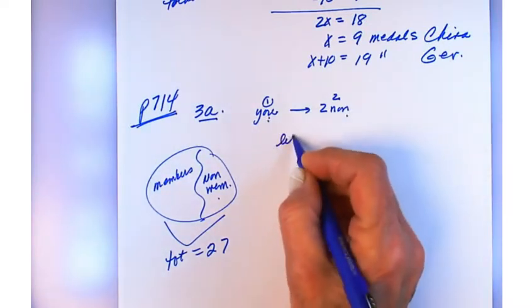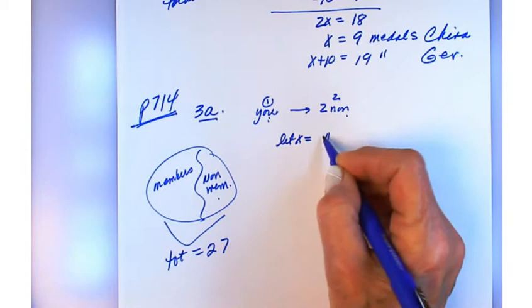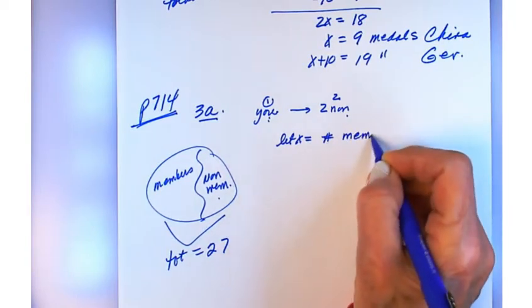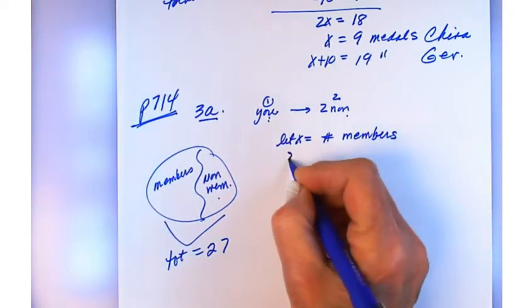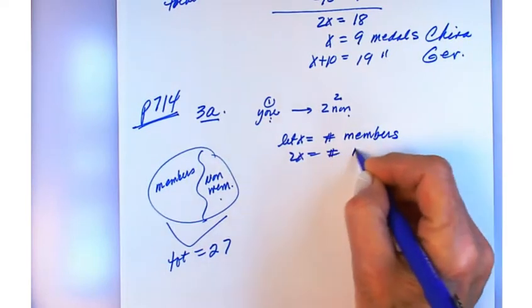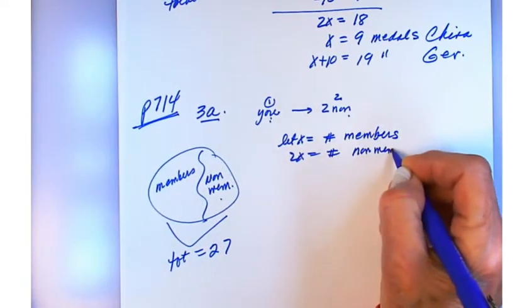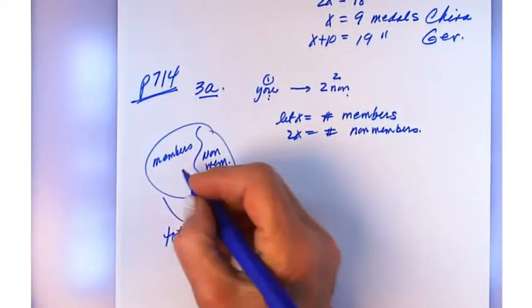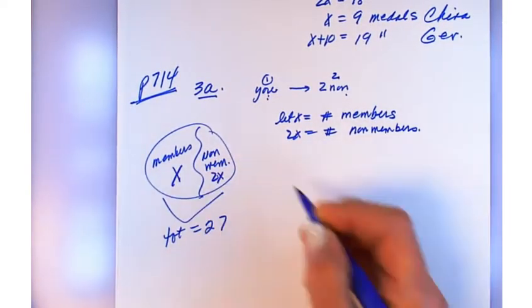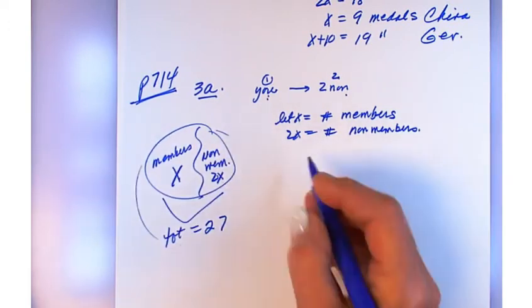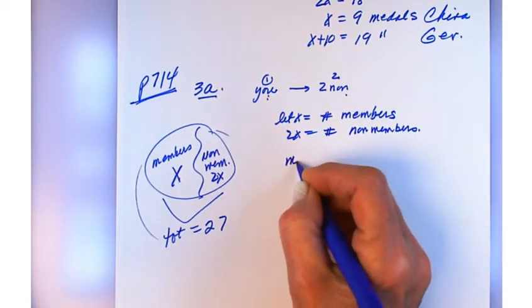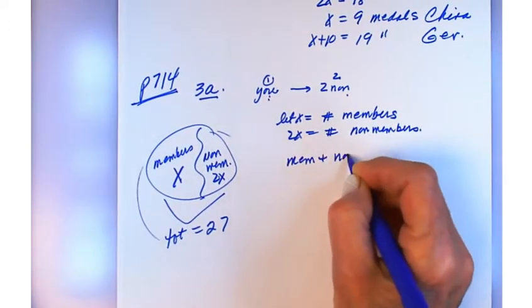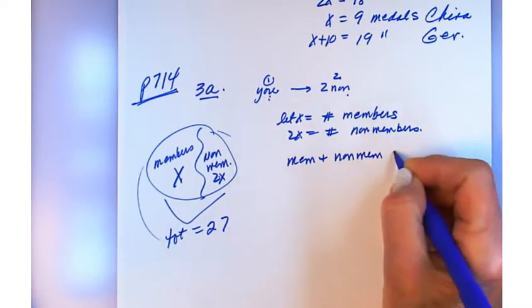So I'm going to let x equal the number of members and 2x be the number of non-members. And so what I know, x and 2x, I know the total is 27. So members plus non-members equals 27.